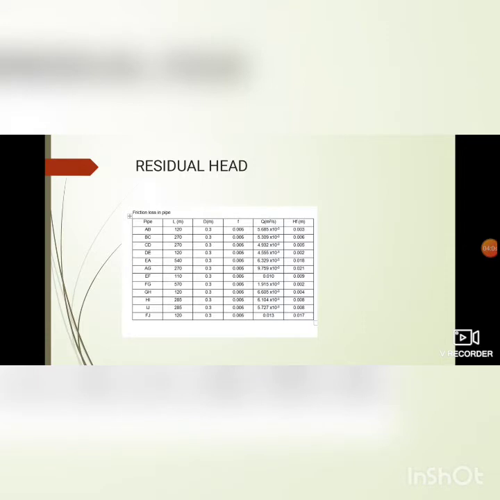So next is to calculate the residual head. To calculate the residual head, we need the friction loss in the pipe. So friction loss is equal to FLQ squared over 3.03 d to the power of 5. Therefore, the friction loss in each pipe can be determined.